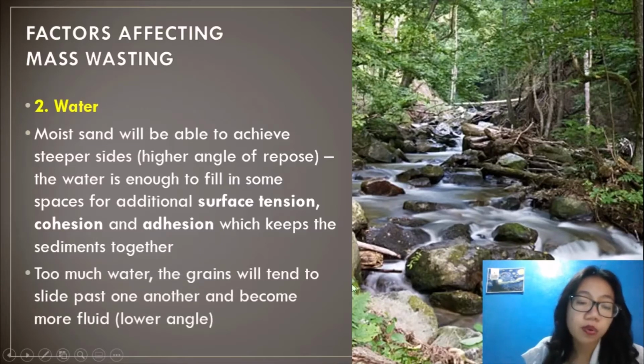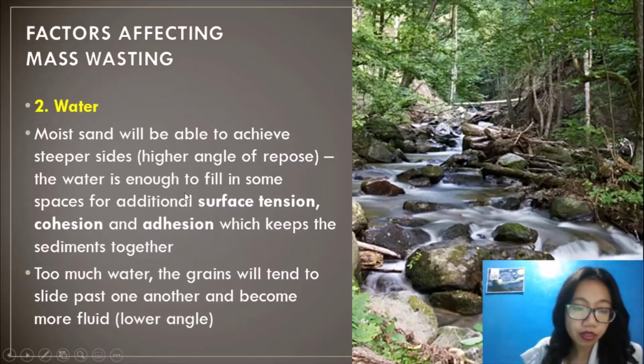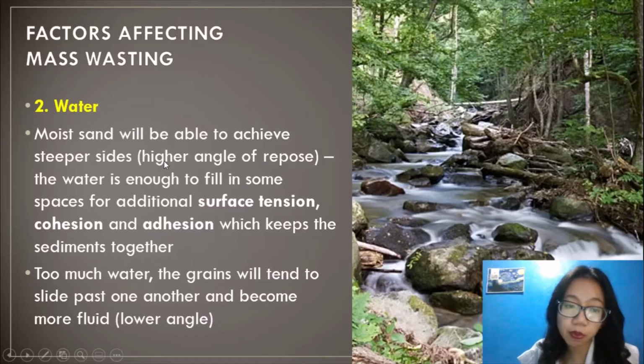Because of these additional factors, a higher angle of repose is created, thus encouraging the mass wasting event. Once too much water is achieved, the grains will tend to slide past one another and become more fluid. So if there is enough water, it will encourage a steeper angle of repose. If there's too much, then it will lessen the angle of repose.